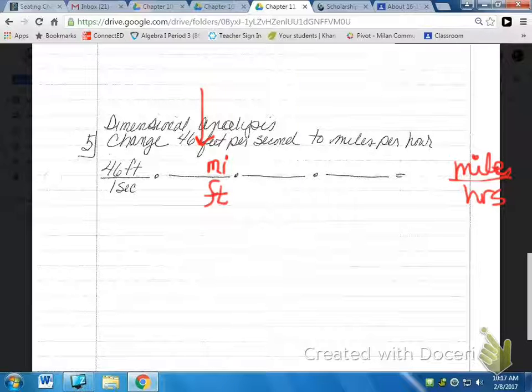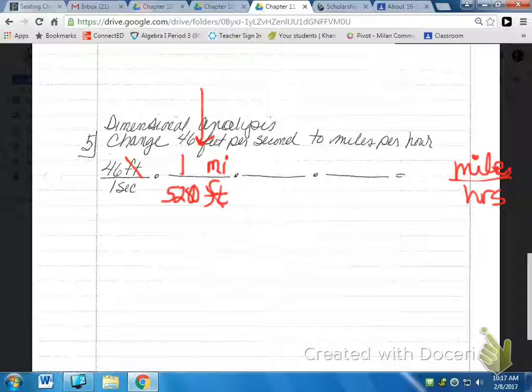This is where that information goes. You write the conversion from feet to miles there. And 1 mile is 5,280 feet. And what you're canceling out are not any numbers right now. It's the feet and the feet.